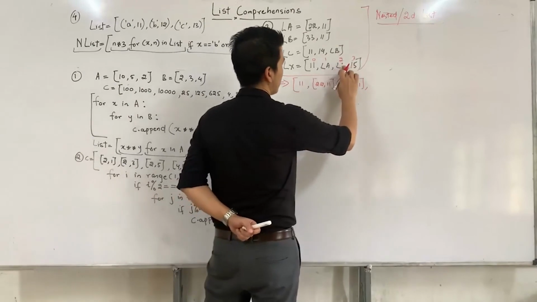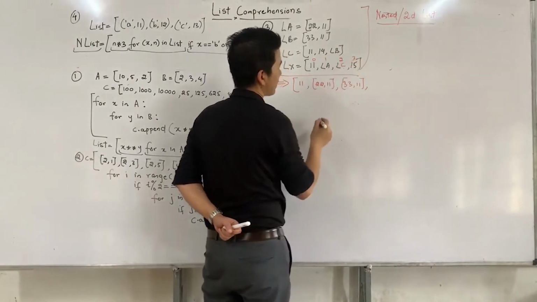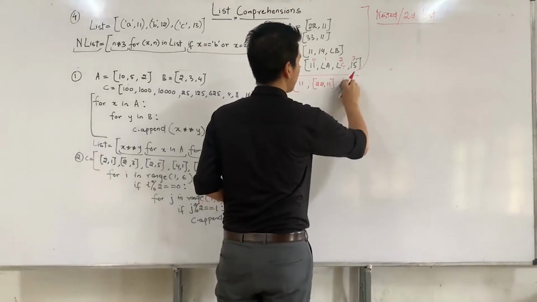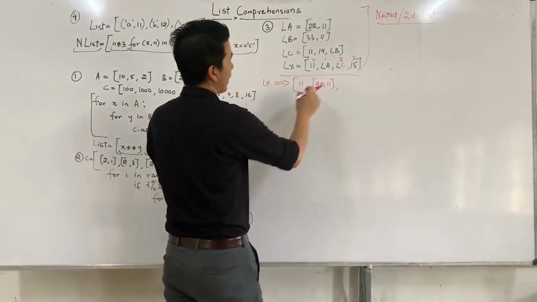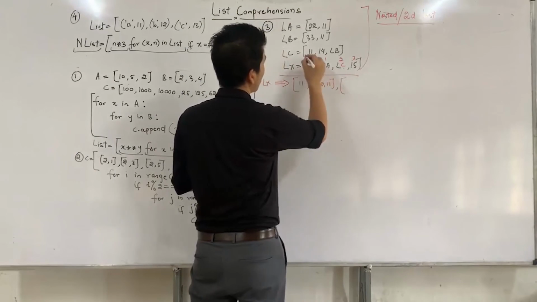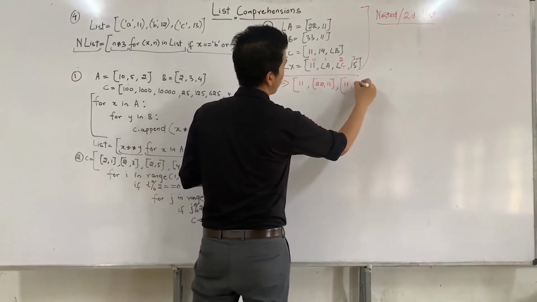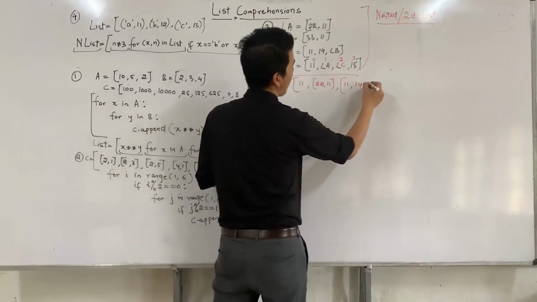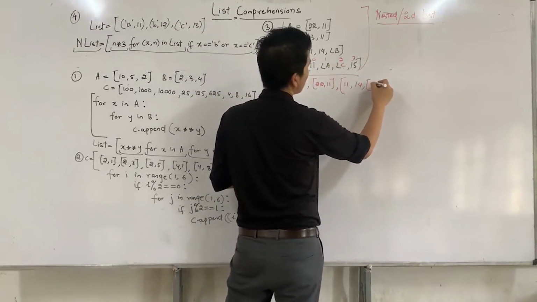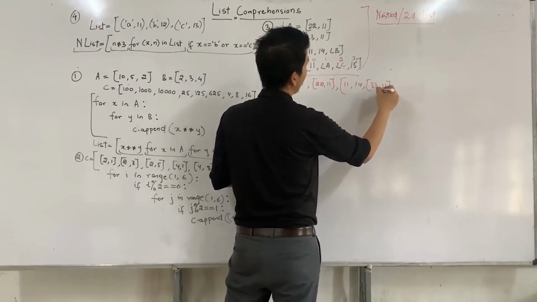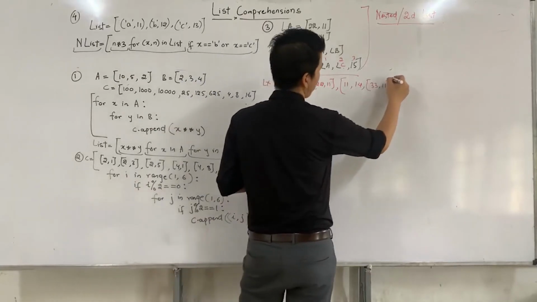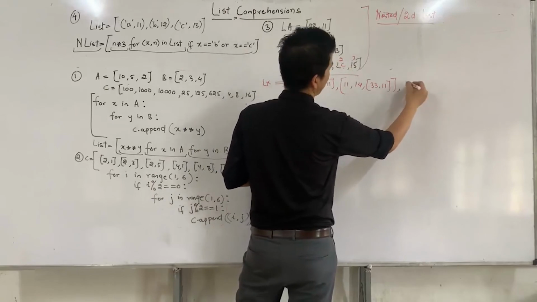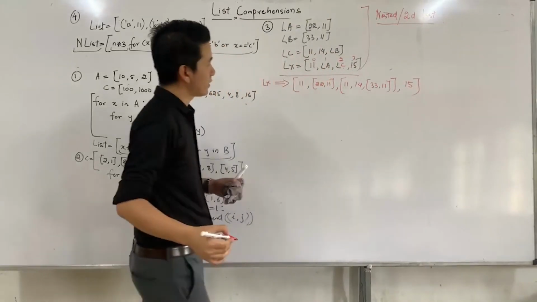Sorry, this is LC. LC means you have 11, you have 14, but LB again has 33, 11, and then finally I'll have 15.